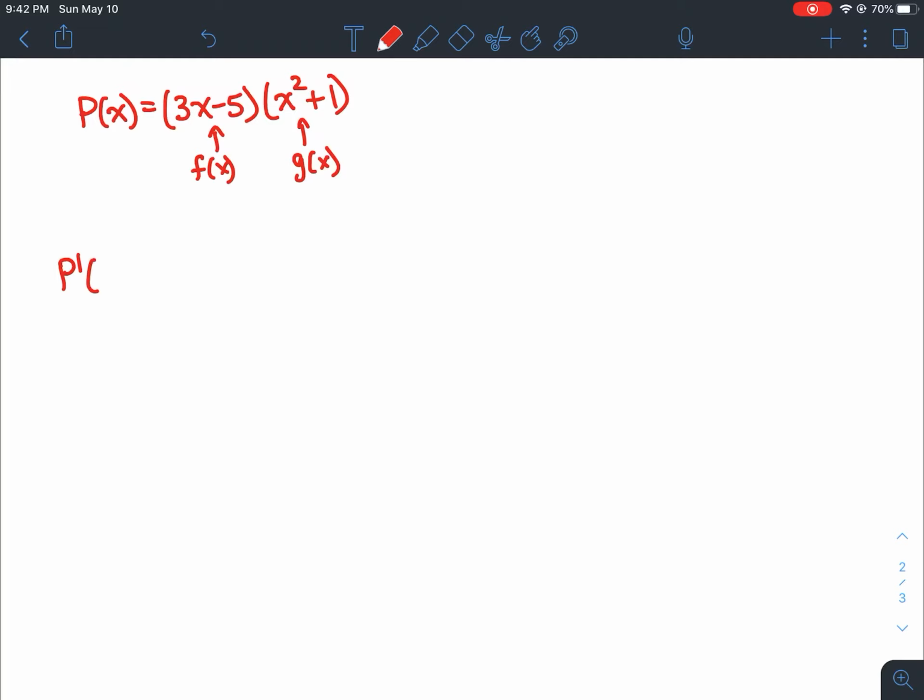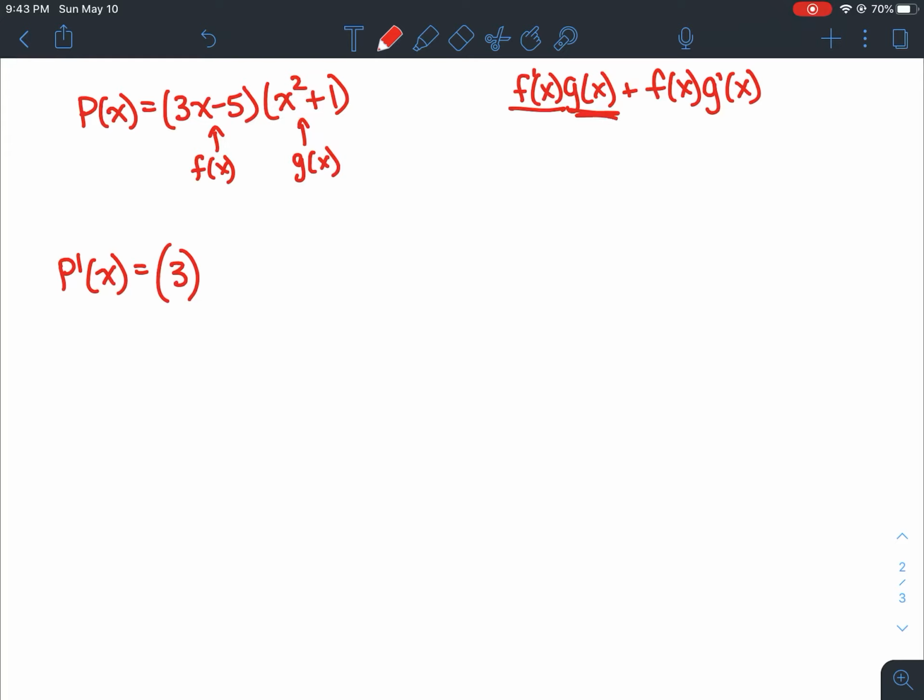If we want to find the derivative of p of x, we just use our product rule, which says f prime x times g of x plus f of x times g prime of x. We just have to follow that formula. We're finding the derivative of the first function. So what's the derivative of 3x minus 5? It is just 3.